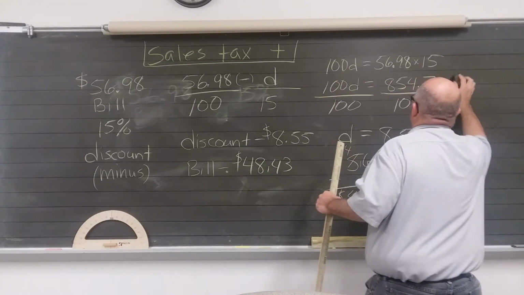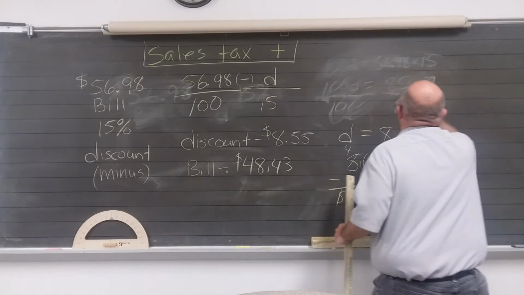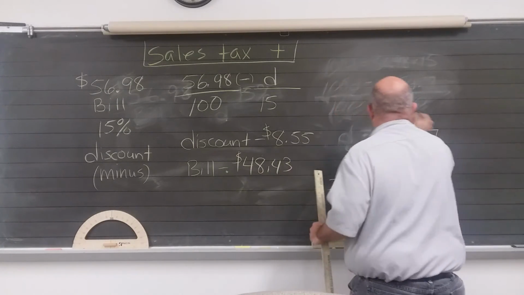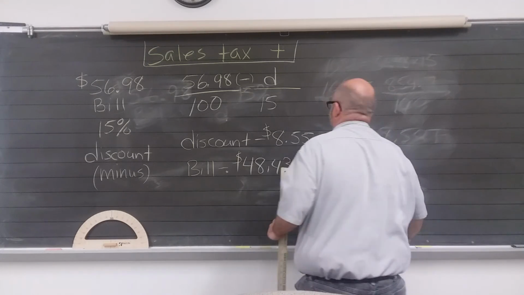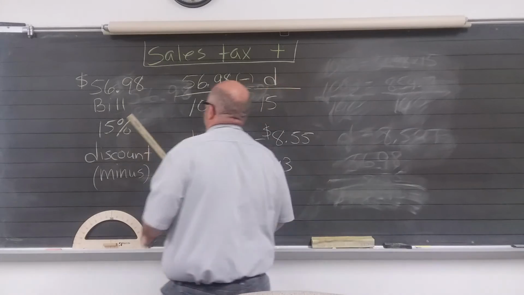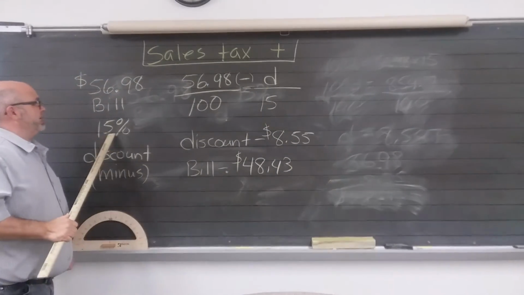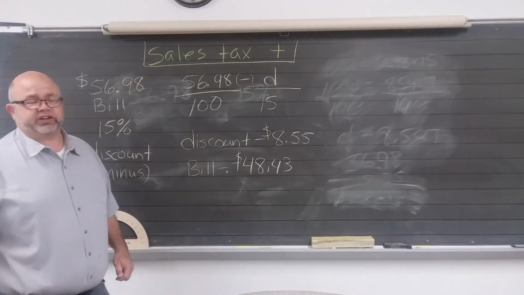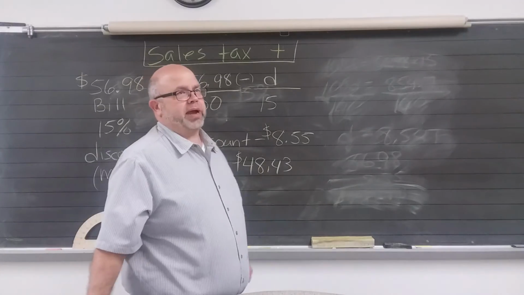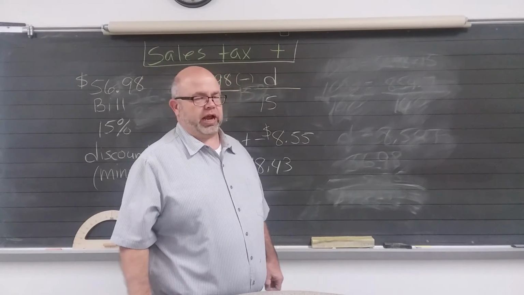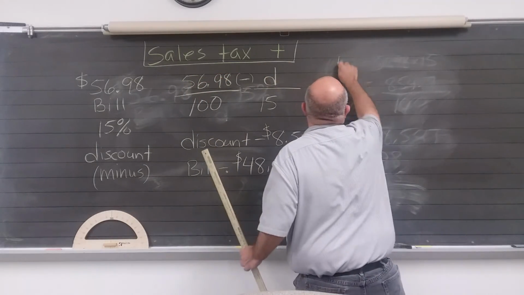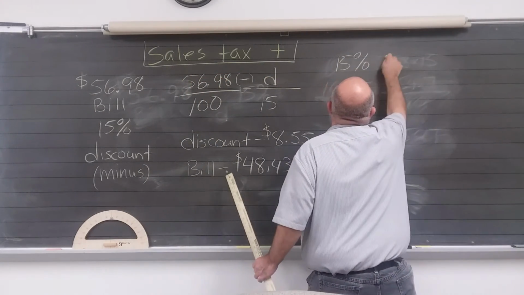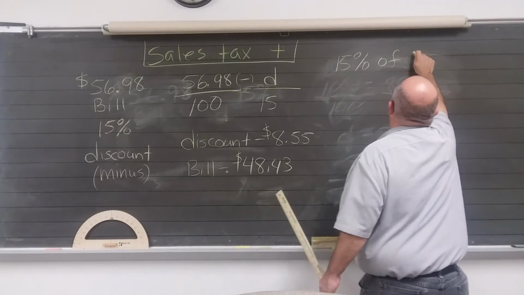So you have this proportion. You know how to do that. So what you're finding here is 15% of 56.98. What does of mean? In math, what does of mean? Add, subtract, multiply, divide. 15% of 56.98.